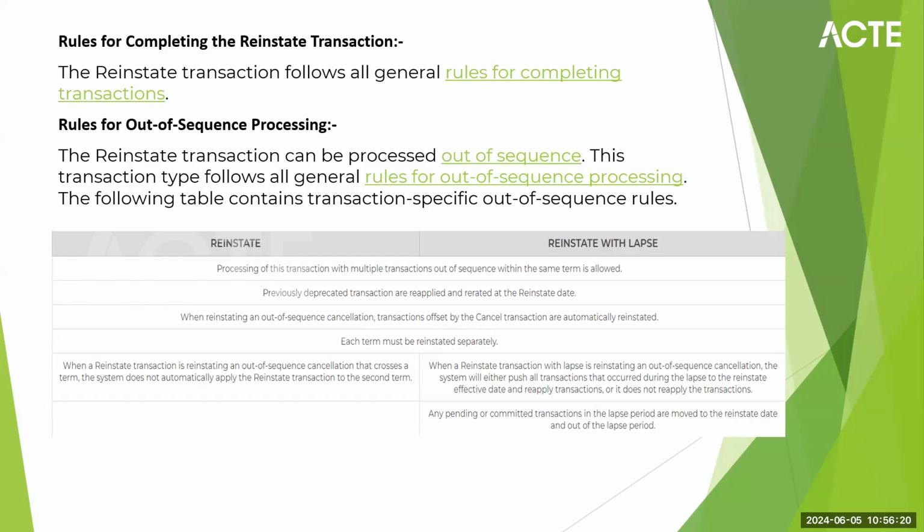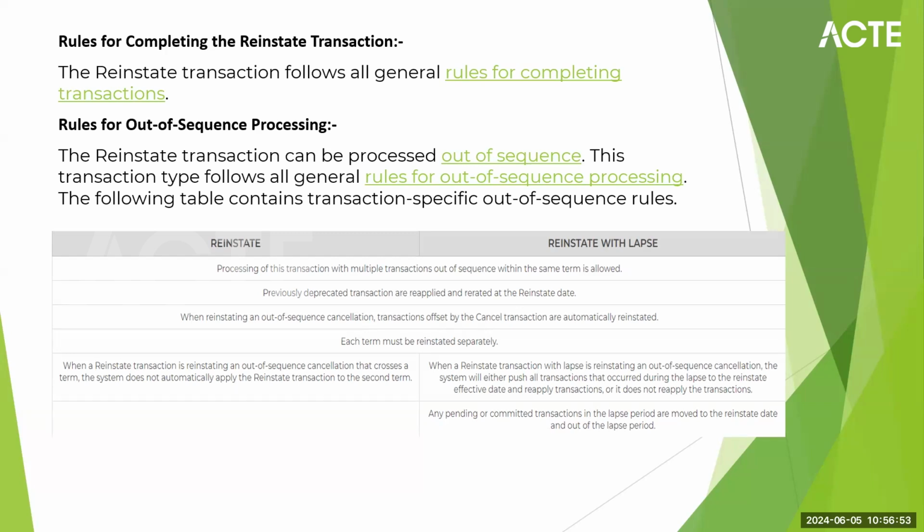Then if you have done anything out of sequence, like outside of the effective date and expiration date, then in that case, the changes will not be done. When a reinstate happens, the revert-back changes will not be done because it is out of sequence. The policy date should be within the term date itself.